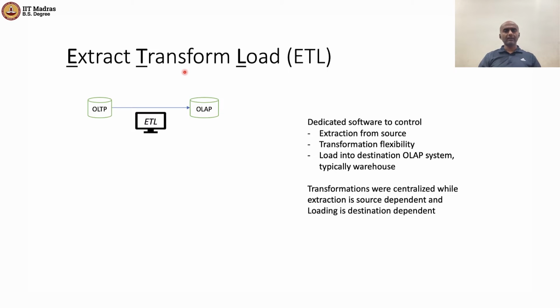So, extract, transform, load, the acronym is what forms ETL. In a classical sense, ETL used to be dedicated software, that still is in some cases, to control what happens when data moves from a transaction system like an OLTP into an analytical system or a warehouse or a data mart or a data lake.